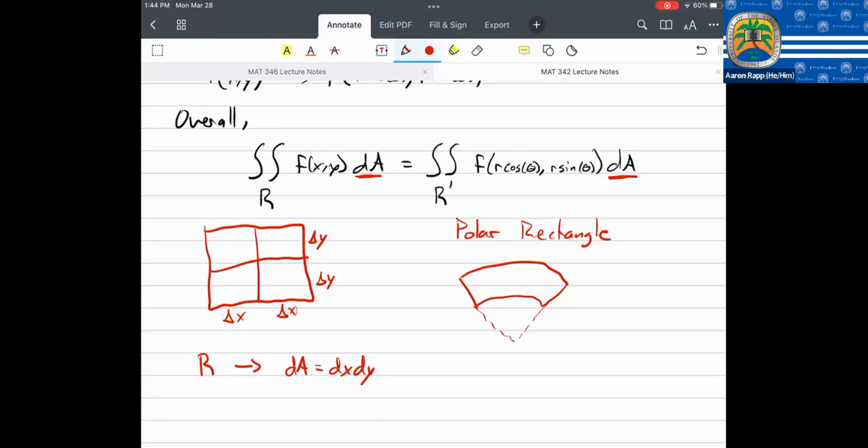So I get my two theta values here, theta 1, theta 2, and then I have two radii, R1 and R2. Let me draw them all in dotted lines.